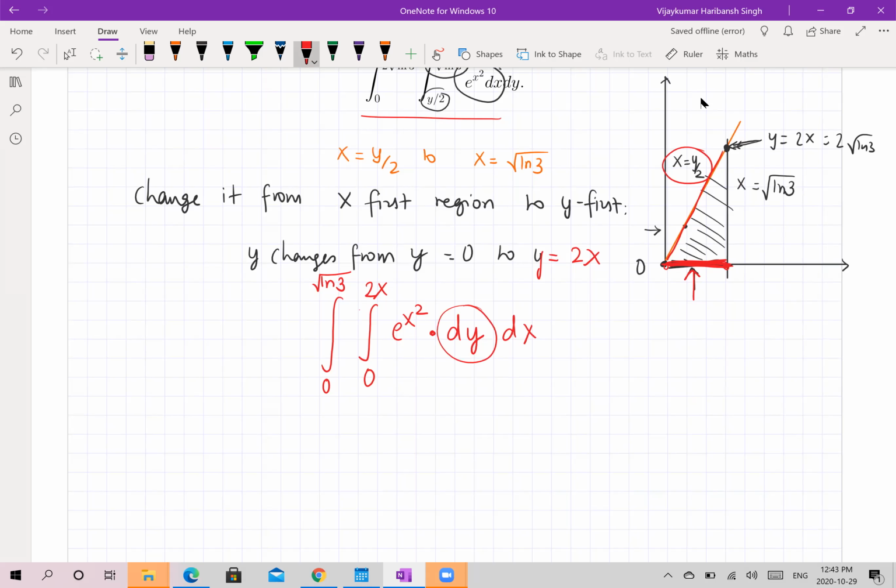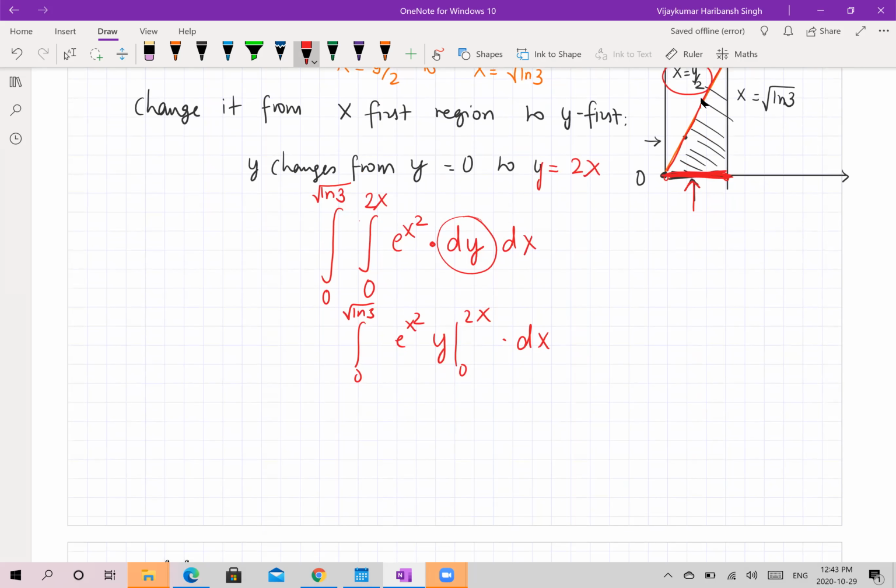Integrating with respect to y first, we get y from 0 to 2x, e to the power x squared, x from 0 to square root of ln 3 dx. So this integral becomes the integral from 0 to square root of ln 3 of e to the power x squared times 2x dx. And ta-da, there is an x squared there.